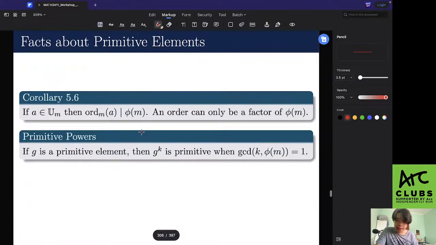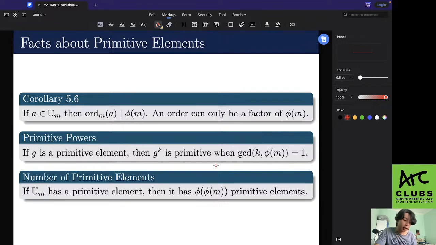The next one is primitive powers. Essentially, if g is a primitive element, then g to the k is primitive when k and phi m have a GCD of 1. Phi of phi m are the number of primitive elements. Why might that be?